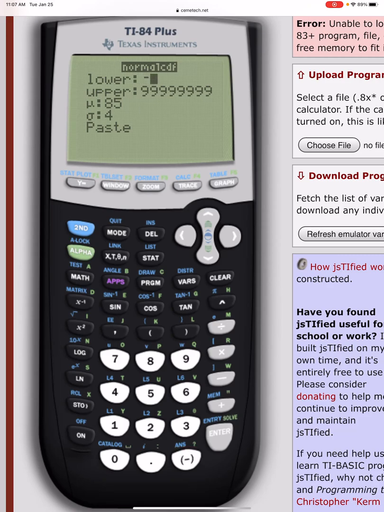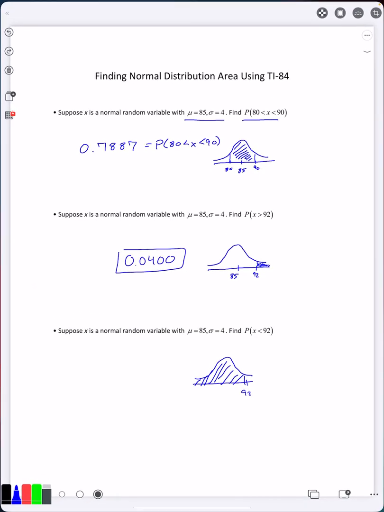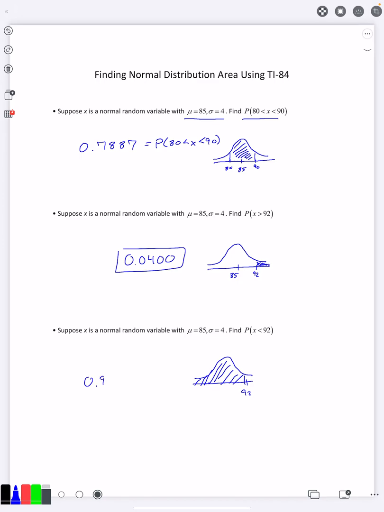And it's important, you need to hit the negative key, not the minus key. They are 2 different keys here. You hit the negative first, put a bunch of 9s. Then go to 92. We kept the mean and standard deviation the same. And this time we get 0.9599. That is going to be the area that we're looking for.